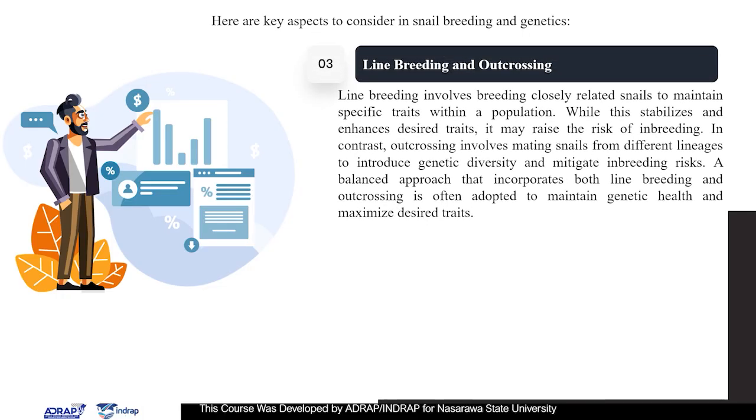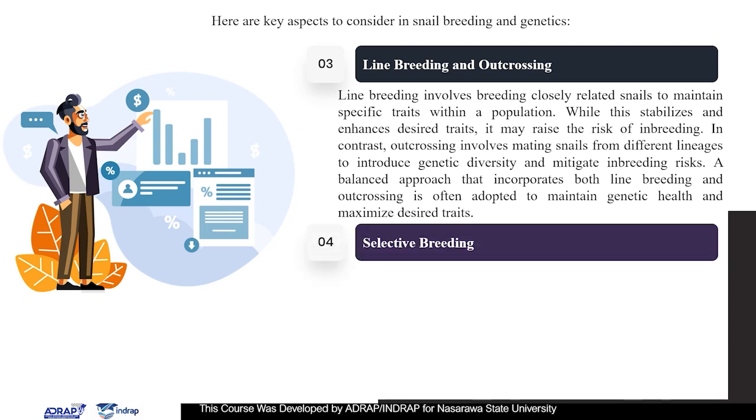Line breeding involves breeding closely related snails to maintain a specific trait within a population. While this stabilizes and enhances desired traits, it may raise the risk of inbreeding. In contrast, outcrossing involves mating snails from different lineages to introduce genetic diversity and mitigate inbreeding risk. A balanced approach that incorporates line breeding and outcrossing is often adopted to maintain genetic health and maximize desired traits.